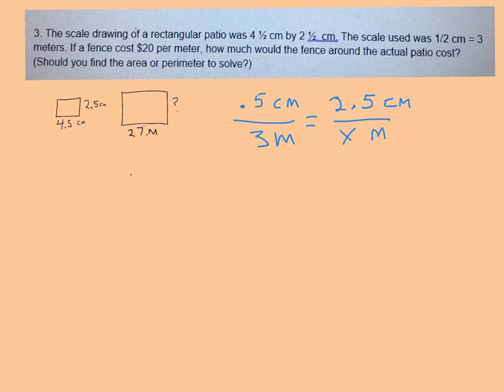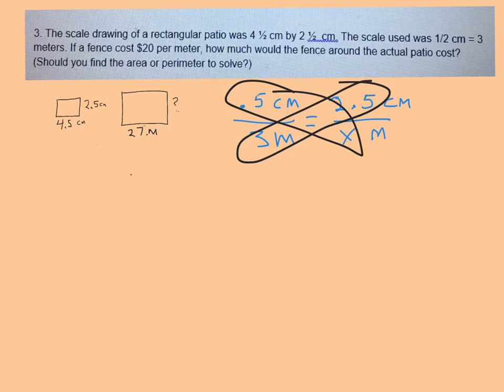All right, so we're going to cross multiply. So I can say that 0.5 times x is 0.5x, and that equals whatever 3 times 2.5 is. And 3 times 2.5 is 7.5. So now I've got to solve for x, so I want to get x all alone.